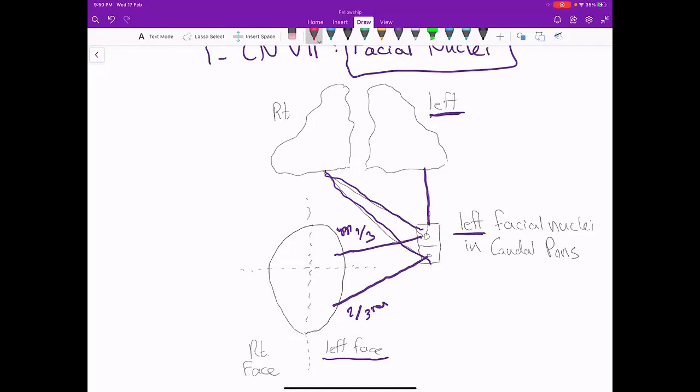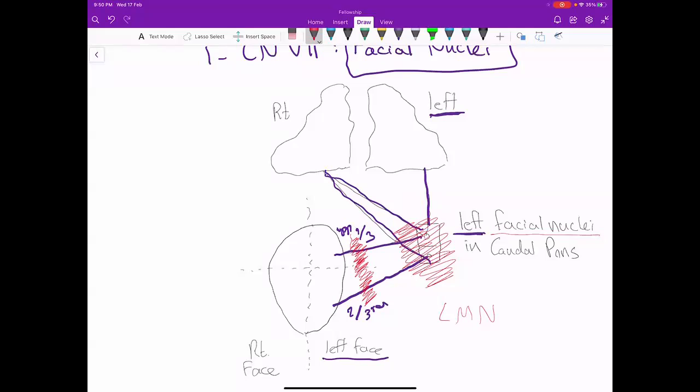So why am I saying all of this? Because if I have a lower motor neuron lesion in the facial nuclei, it means I'm either going to destroy the facial nuclei itself, or I'm going to destroy the peripheral nerves, like when you get a cut in the face, for example. So guess what's going to happen? All input to the face is destroyed.